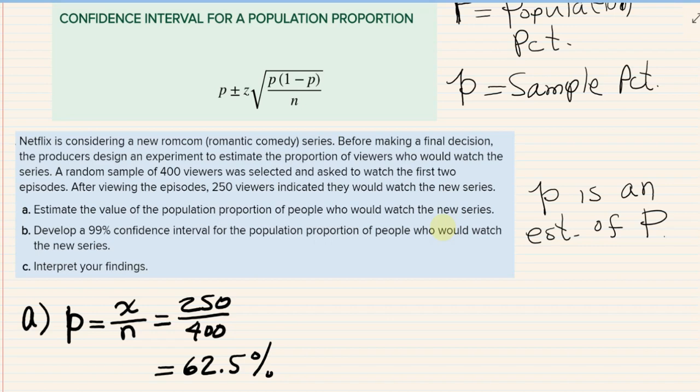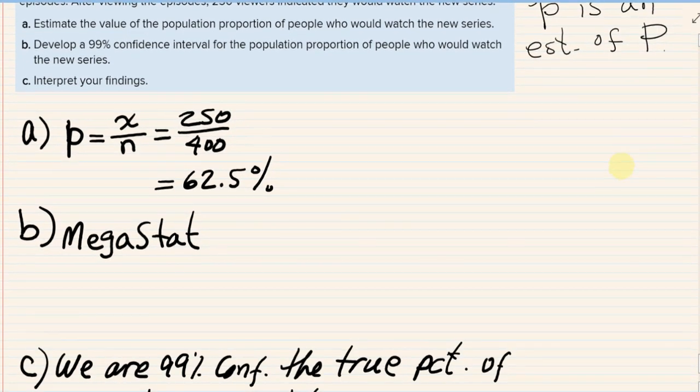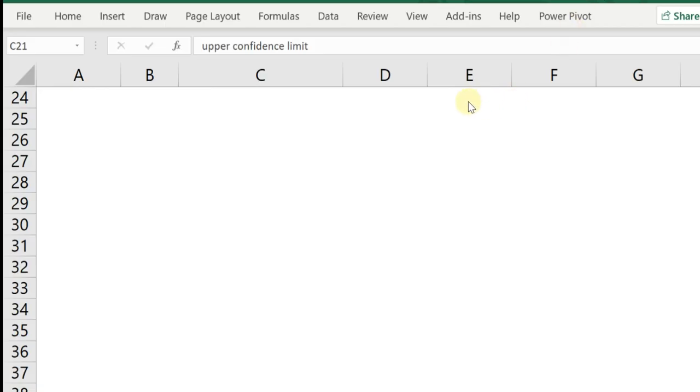In part B, develop a 99% confidence interval. And part C is actually the interpretation. So to do part B, I need to go to Megastat. Okay, so I'm in Excel now.